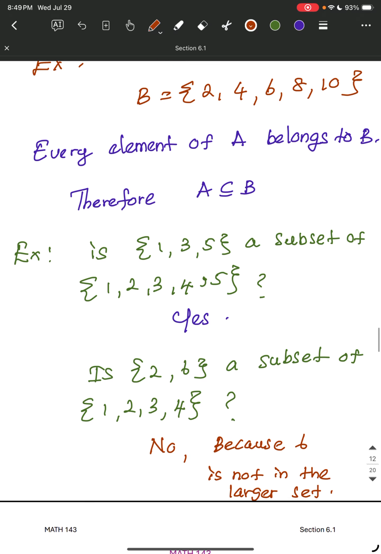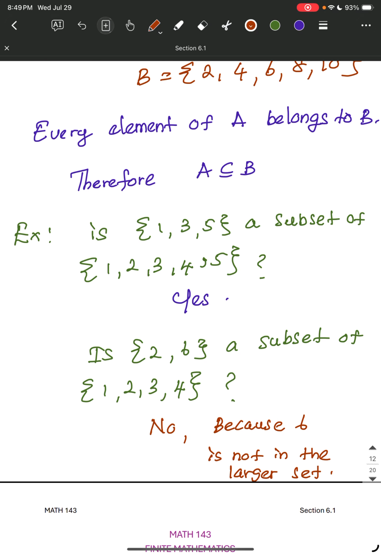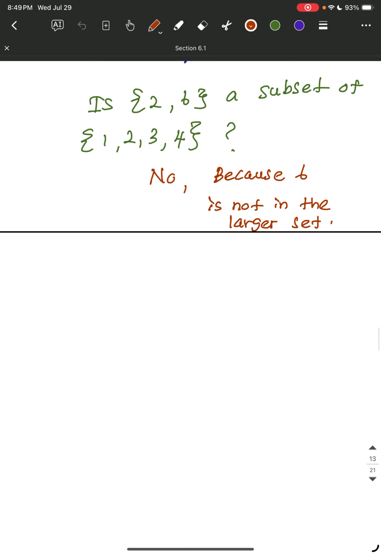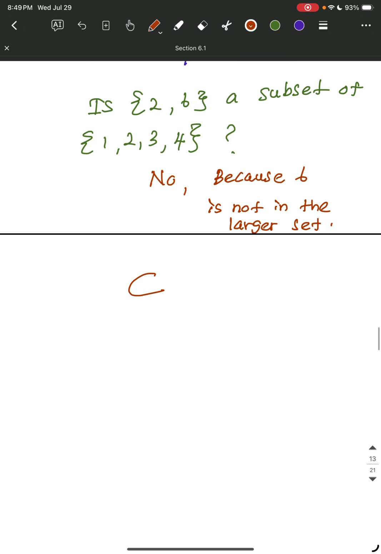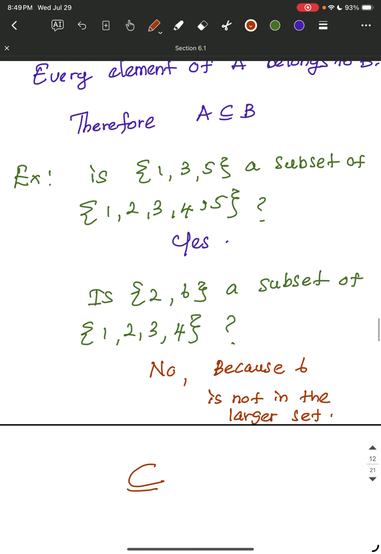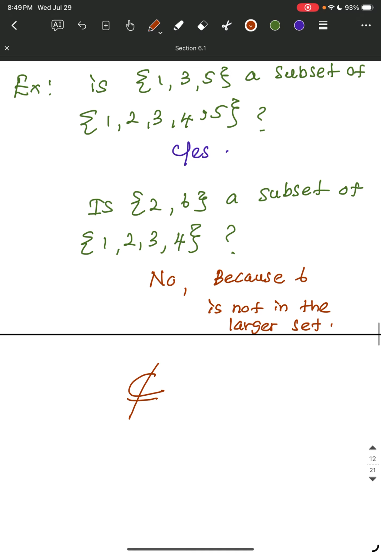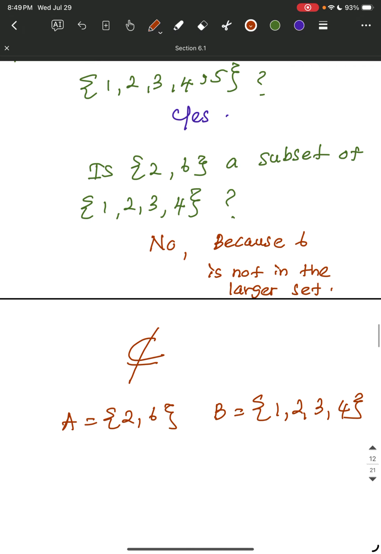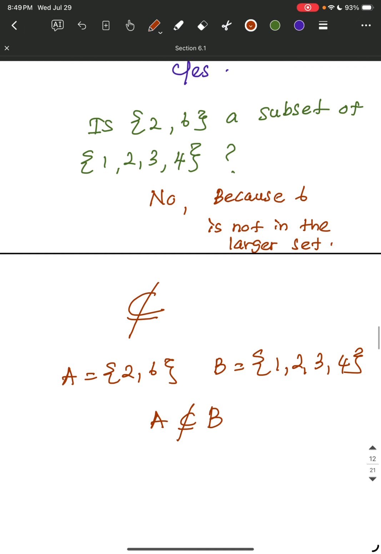Okay, then how do we write it symbolically? We write it as not a subset, like this. Let's say A is 2, 6, B is 1, 2, 3, 4. A is not a subset of B.